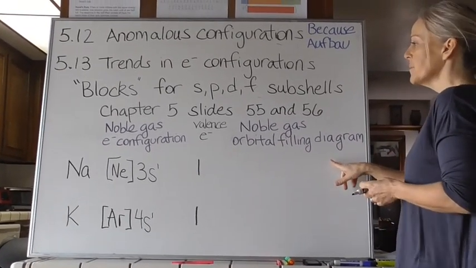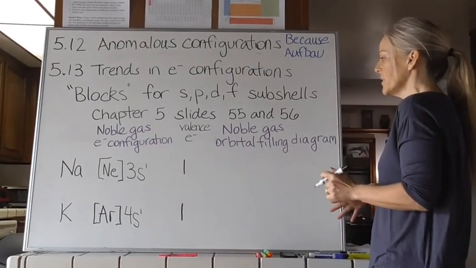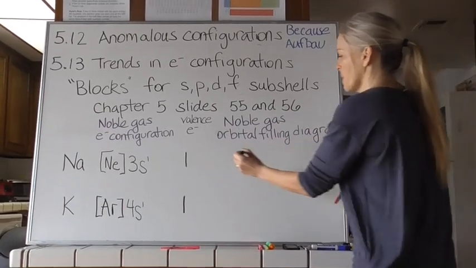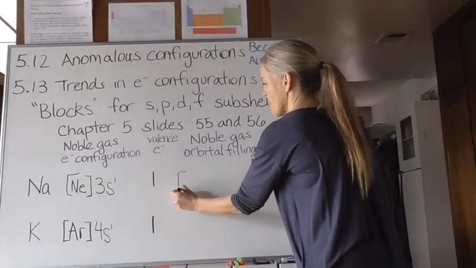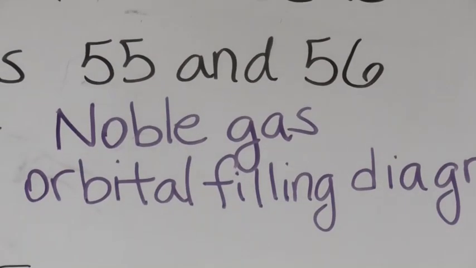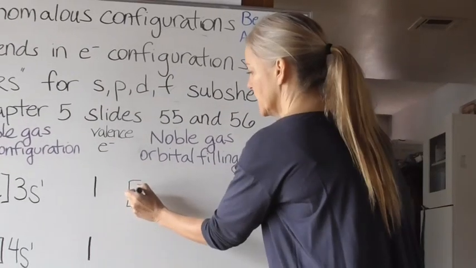Okay, noble gas orbital filling diagram. This is useful because it really condenses what you're going to have to do when you draw the little arrows for the orbital filling. So we can just look at this.